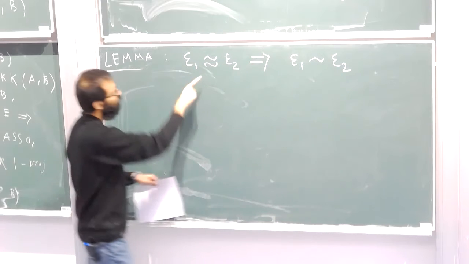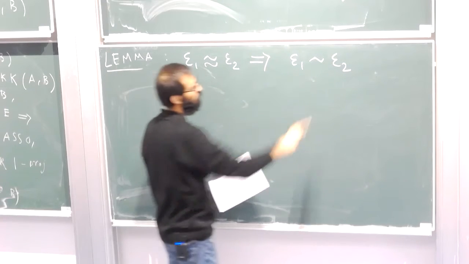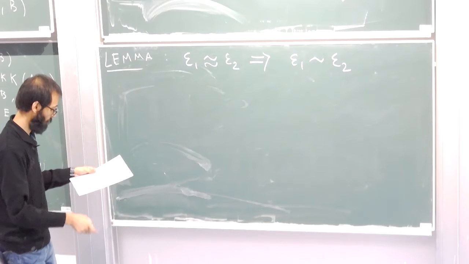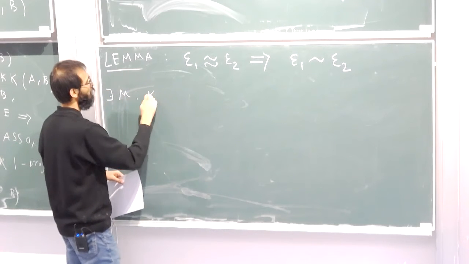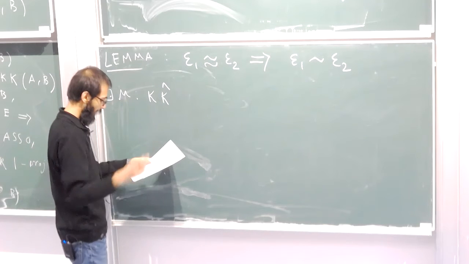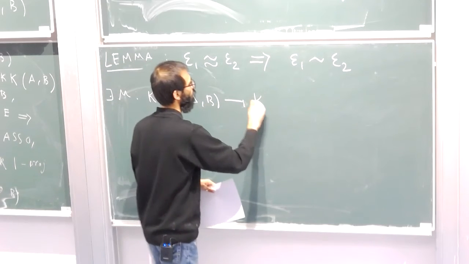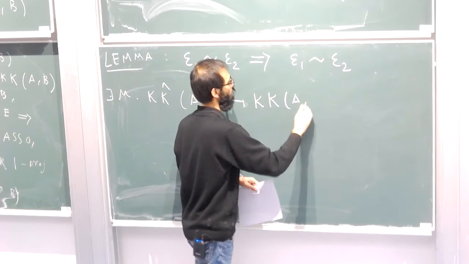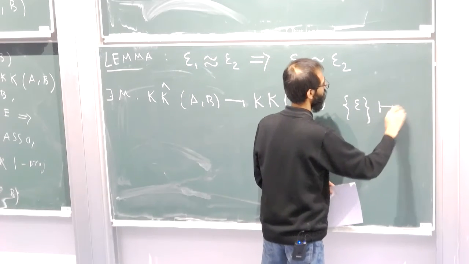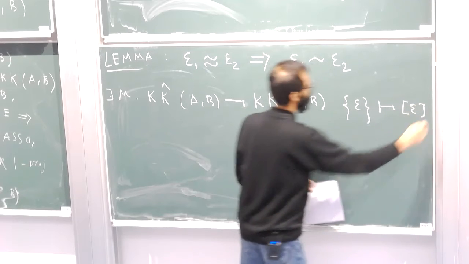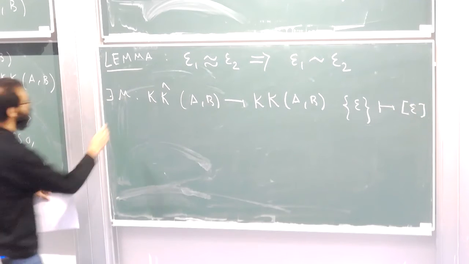It is homotopic with respect to the operator homotopy, which gives you that it is homotopic with respect to the usual homotopy, which means there exists a map from hat KK to ordinary KK, which sends the class in both cases.